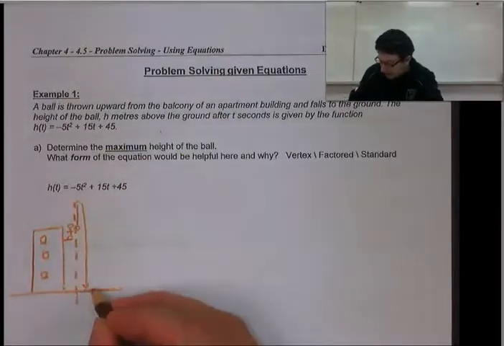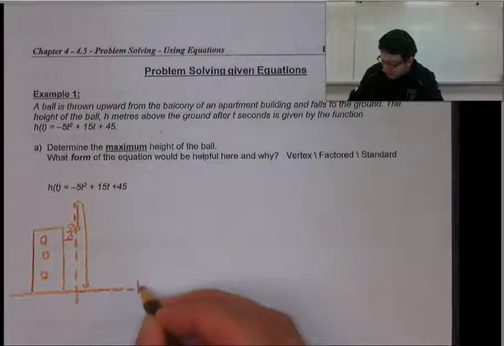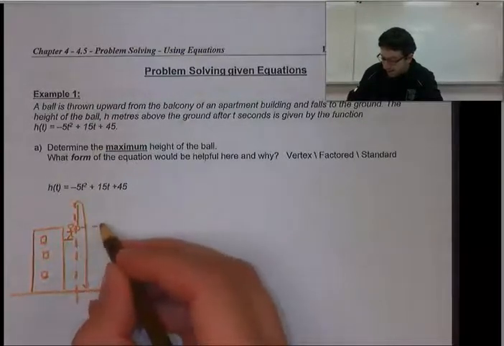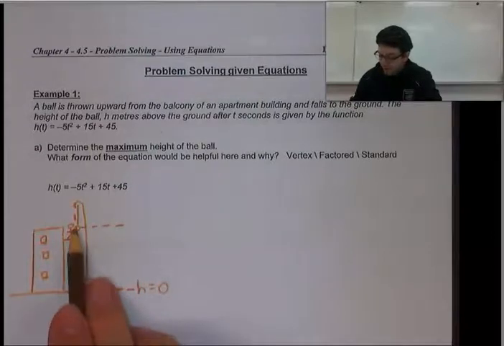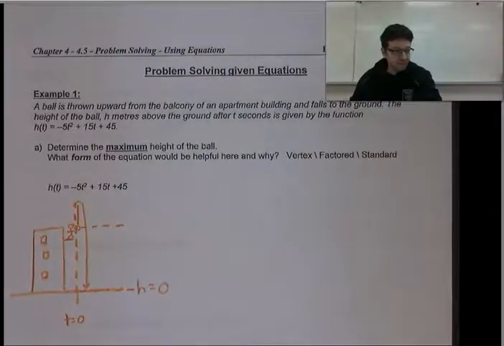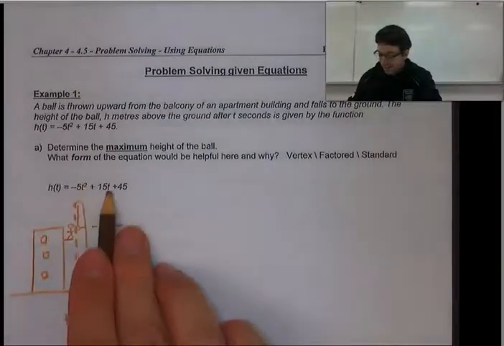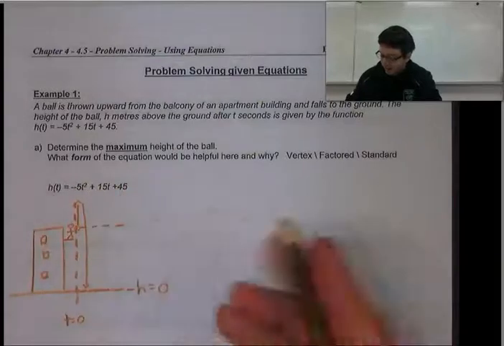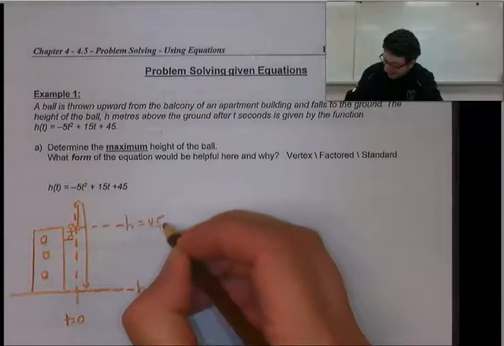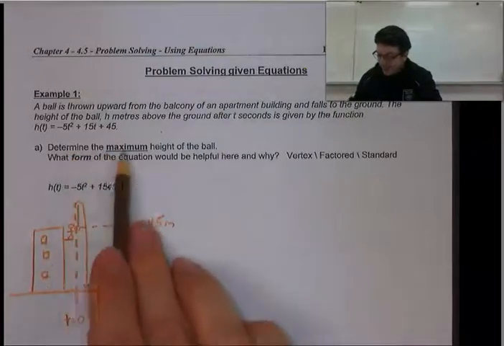And it says above the ground, so the ground will be a height of 0. And if you wanted to find out that initial height, that is where your time would be 0. So you could set t to 0, and your initial height would then be 45. So we know that's 45. Maybe I just answered the question. Determine the maximum height of the ball.